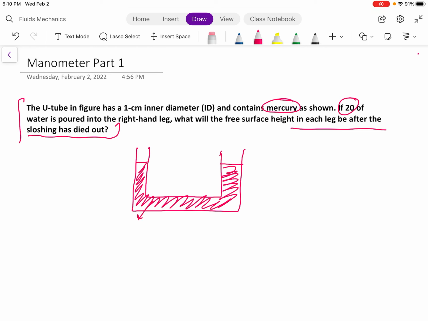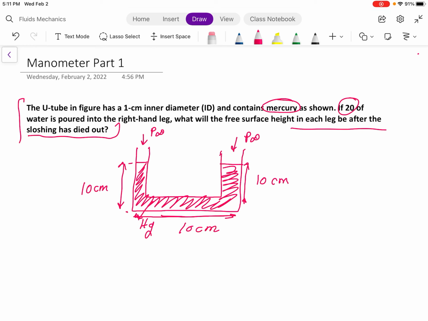This is mercury, and we have for sure pressure acting on the 2 legs, and in the figure they told us this distance from here to here is 10 centimeters, and the same thing here, and here the same thing. Ready.